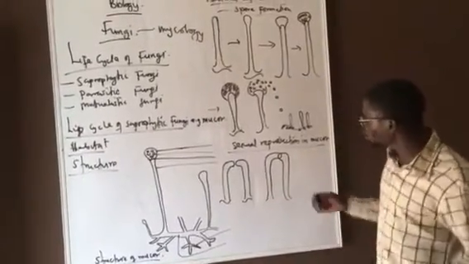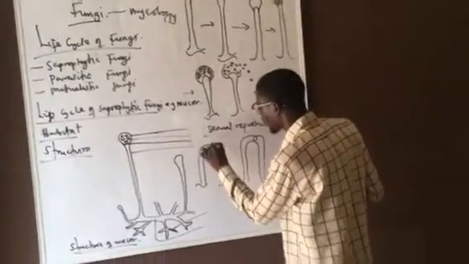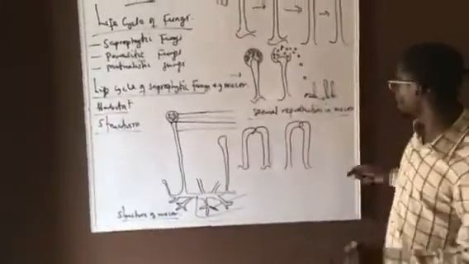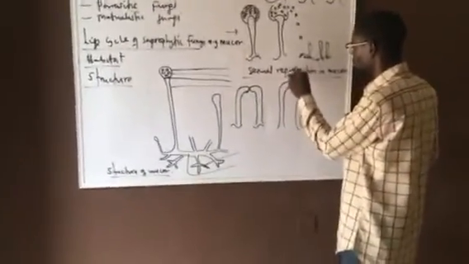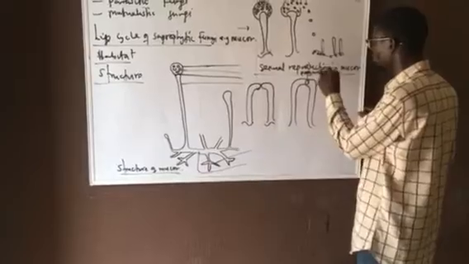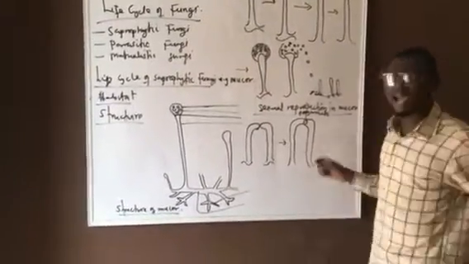Let's say this is the progamete. They will now form a gametangium when they adhere to each other.